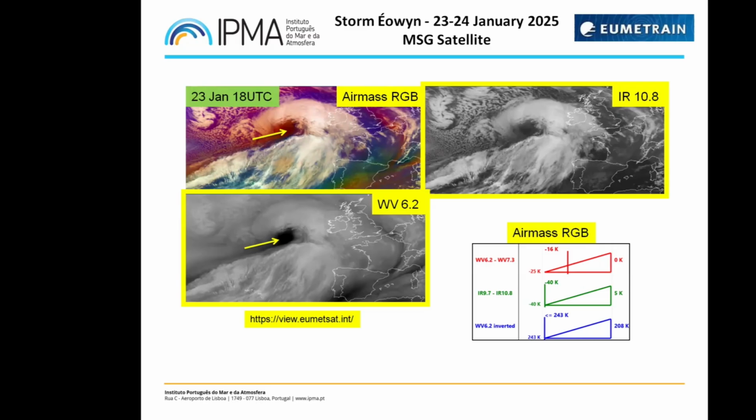The water vapor 6.2 is sensitive to water vapor at around 300 hectopascal geopotential. So low humidity at that height has low value, dark, and high humidity has high value, white. And in this image of the 6.2, it's visible the dark area where subsidence is occurring.